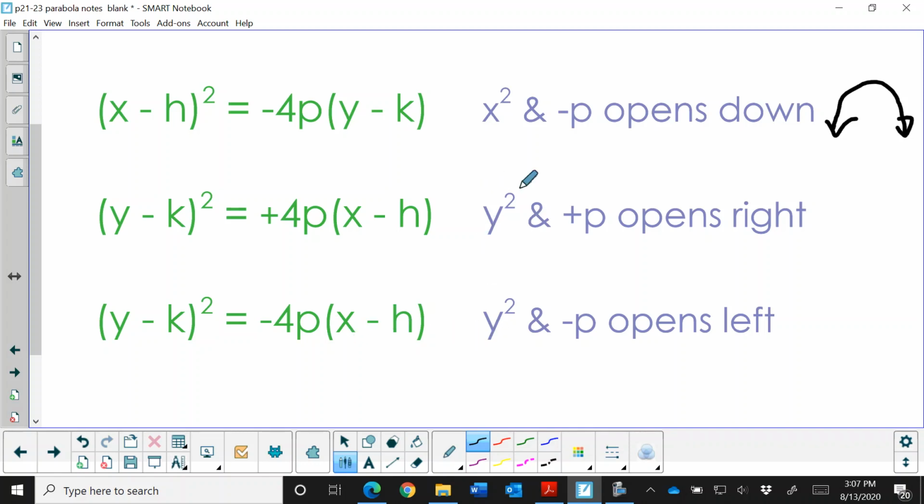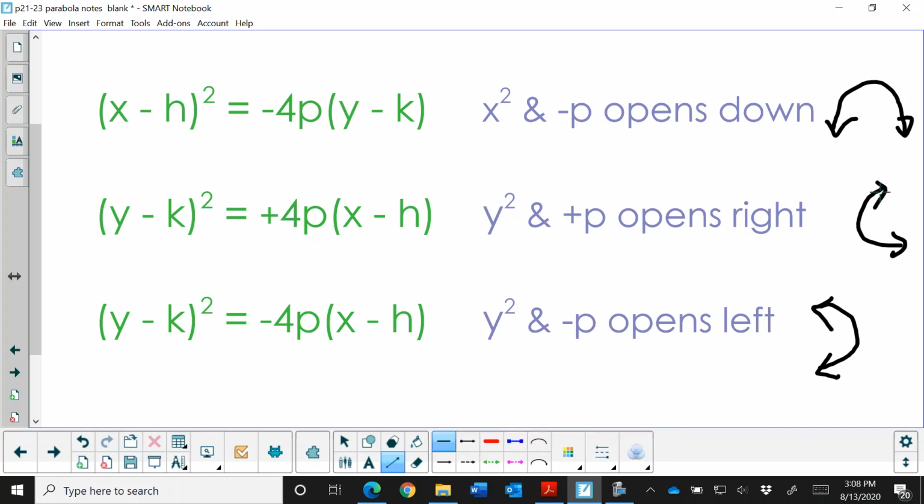Now, this one's a y squared with a p positive, and it's going to open to the right. So we've never seen a left-right parabola. And then the second one opens to the left. Now, if you remember anything about functions, the vertical line test, these last 2 are not functions because they touch a vertical line in more than one place.